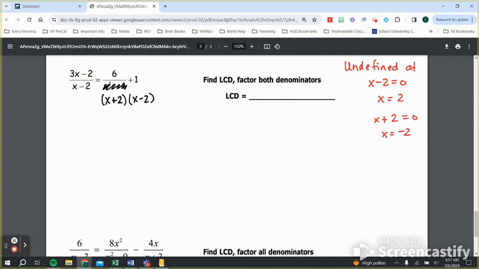So my LCD, we have an x minus 2. We have an x plus 2. And we have an x minus 2. I already wrote that down, so I'm done with my LCD. So I'm going to multiply everything by that LCD. So we have x minus 2 times x plus 2 times 3x minus 2 over x minus 2.